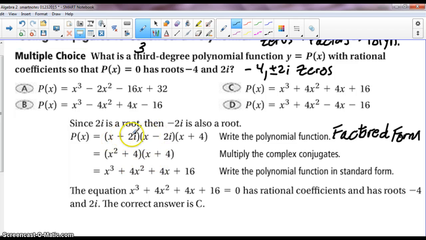So now that we've multiplied these two together, we now have the x plus 4 to multiply through, and that's just the distributive property. We're going to multiply x squared times all this. So x squared times x is x cubed, x squared times 4 is 4x squared, and then 4x, and then 16. And we've written our polynomial from the factors, from the roots.